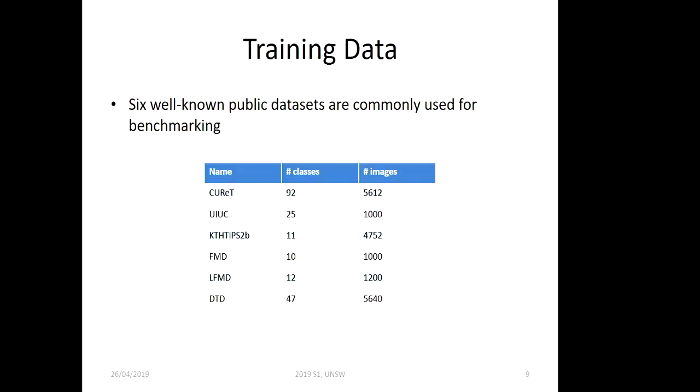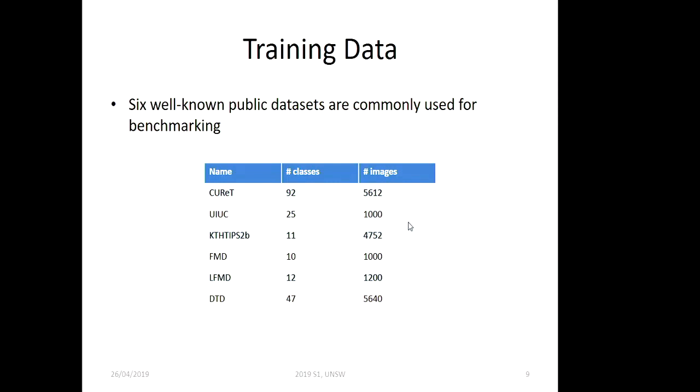And for texture classification, we have some standard datasets that you can use. These 6 are the most widely used datasets, and they are available online, so anybody can just download them and play around with them.